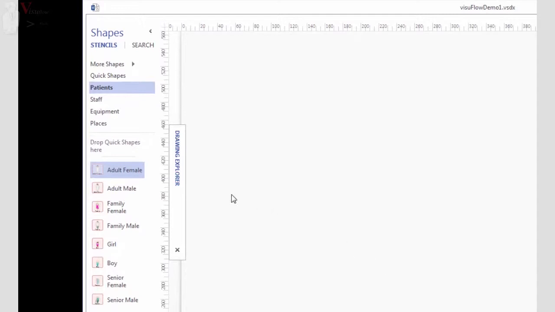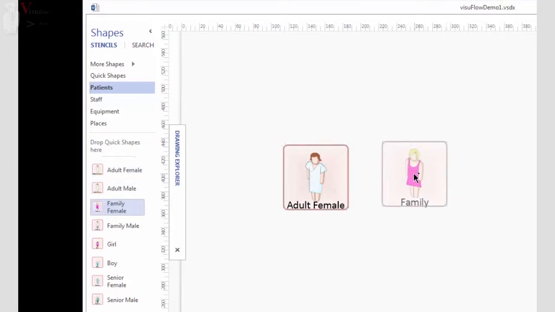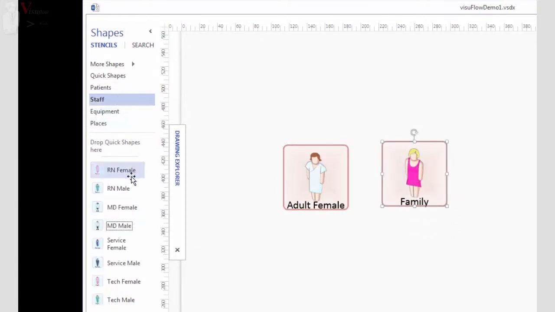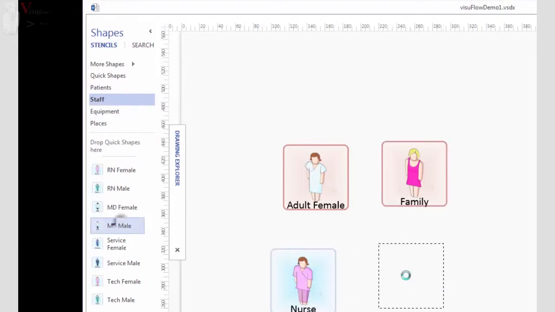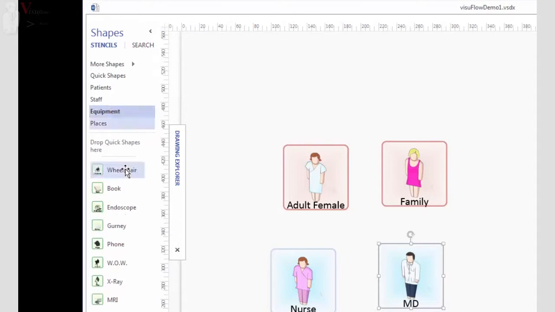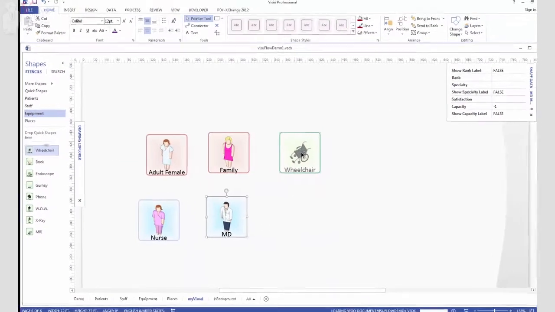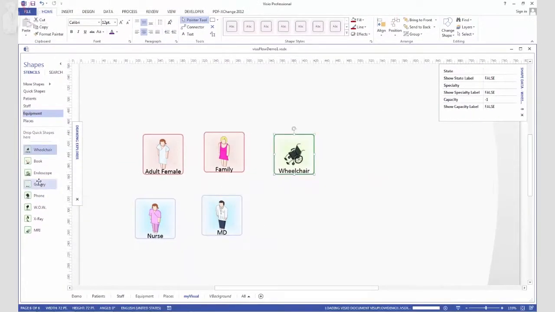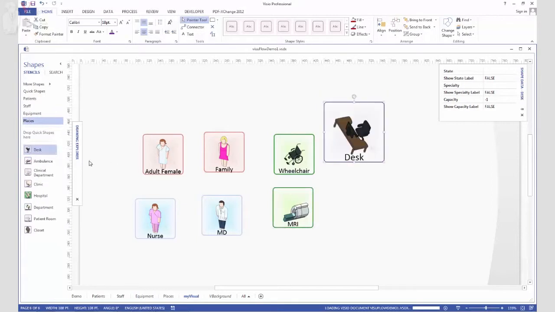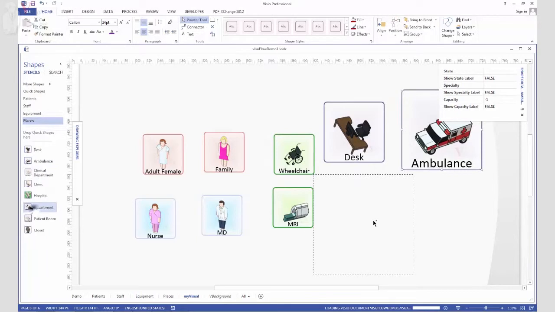With these stencils, you can easily drag and drop a patient, drag and drop a family member, add a staff like a nurse, likewise a doctor, or equipment like a wheelchair, an MRI machine, and places like a desk, an ambulance, a department.